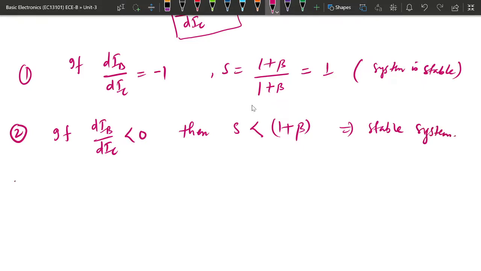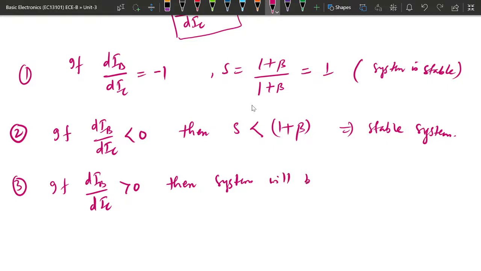The third case is if del IB by del IC is greater than 0, then the system will be unstable. Okay, the system will be unstable.